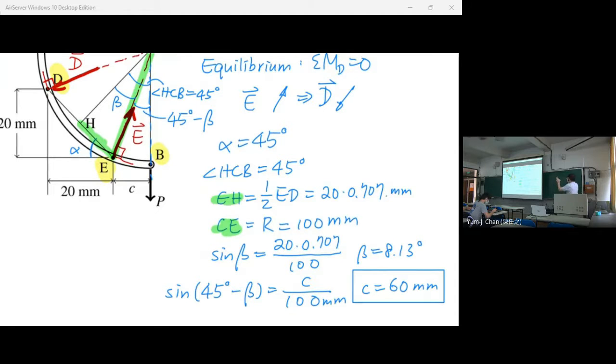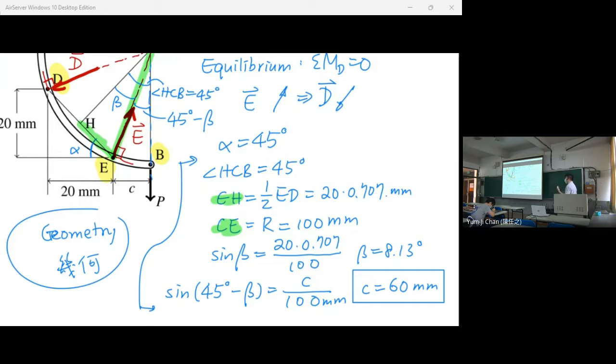So all of this is geometry, but we make use of the property of the free force body here.